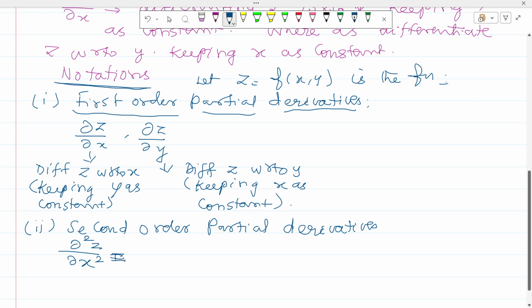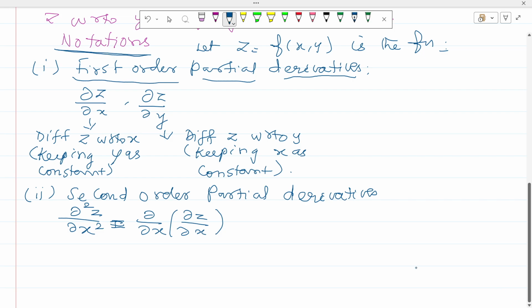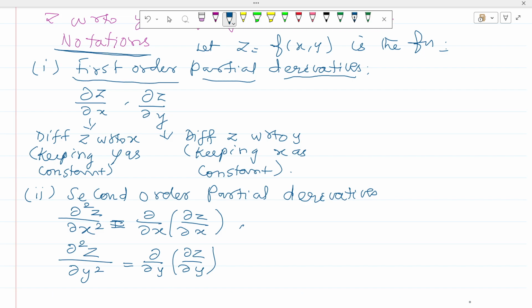That means you are differentiating dou z by dou x with respect to x again. Okay. Second one is dou square z by dou y square. That means you are differentiating dou z by dou y with respect to y.